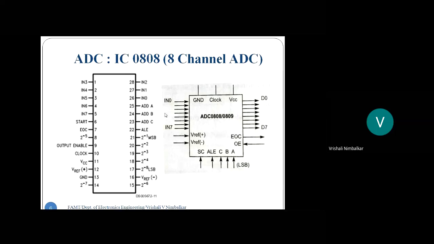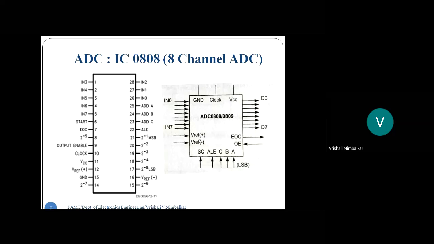If your V in varies from 0 to 2 volt, minus V reference is grounded, and plus V reference is connected to 2 volt. The voltage range of the analog input signal is decided by plus V reference and minus V reference. If your signal is varying from minus 5 to plus 5, then minus V reference is connected to minus 5 volt, and plus V reference is connected to plus 5 volt.